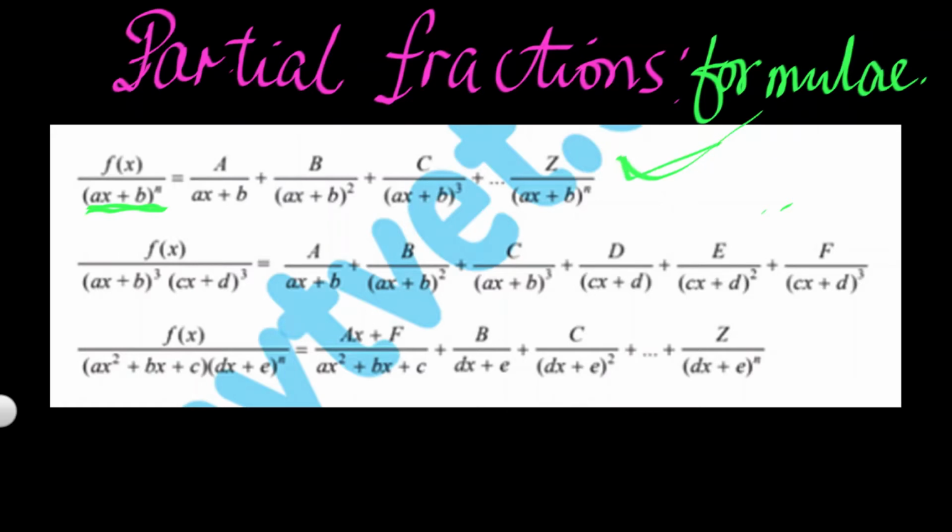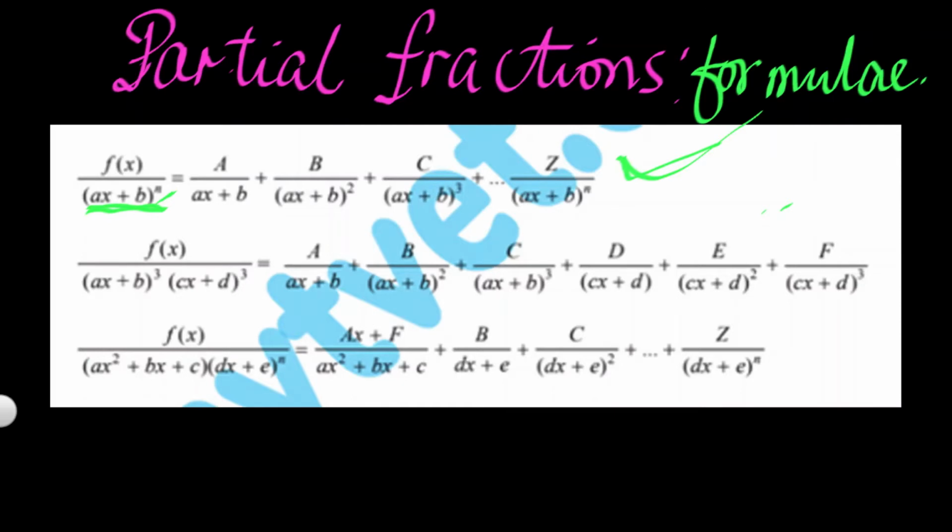If you split the fraction, you're going to have several fractions with denominators raised to the power 1 until the highest power there. So if, let's say, this power here is 4, it means we are going to have fractions with the denominators ax plus b, ax plus b to the power 2, ax plus b to the power 3, until ax plus b to the power 4.